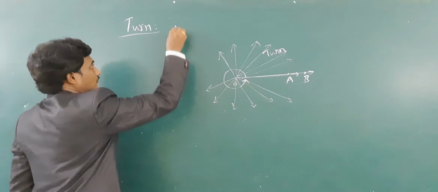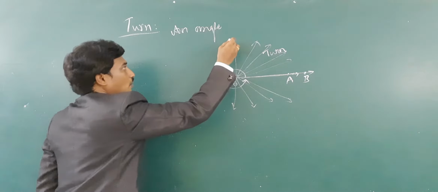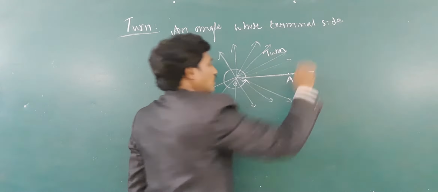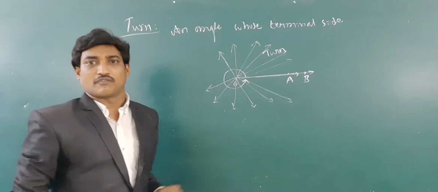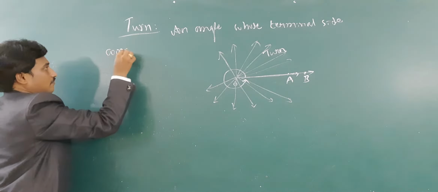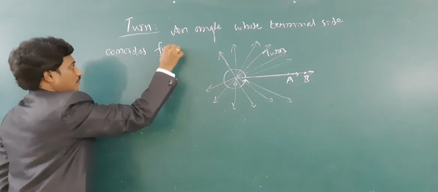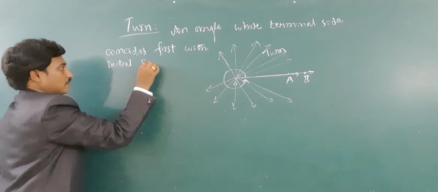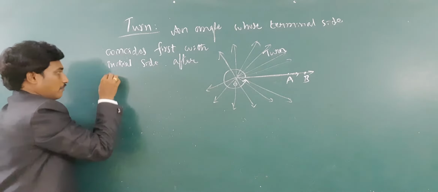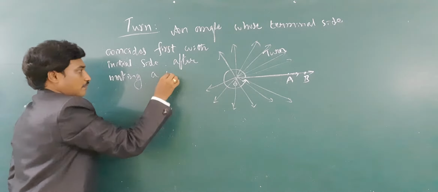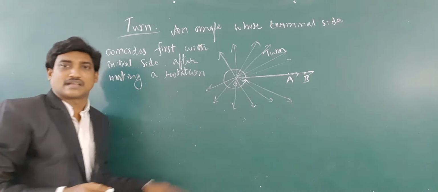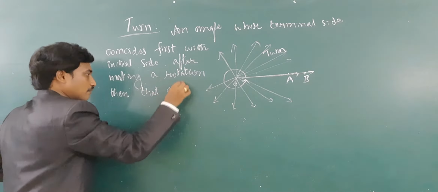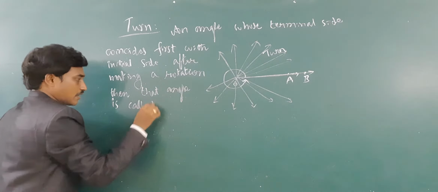An angle whose terminal side coincides first with the initial side after making a rotation is called a turn.